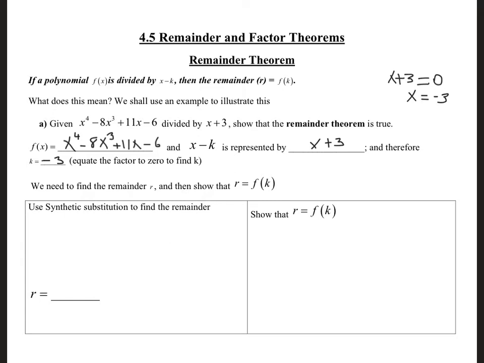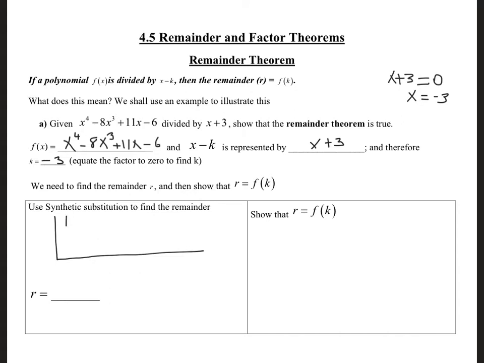Now, here we need to find the remainder. I'm going to use two ways to find the remainder, and you're going to see the answer is the same. So I'm going to use synthetic substitution. Here, I just need to know the coefficients. So I look at the polynomial.